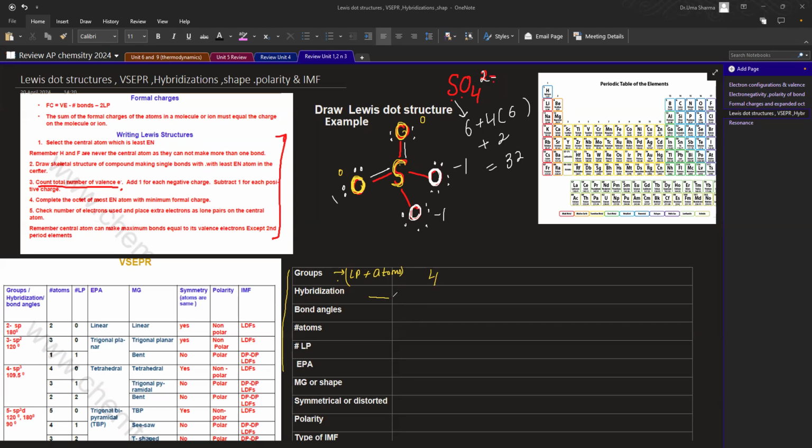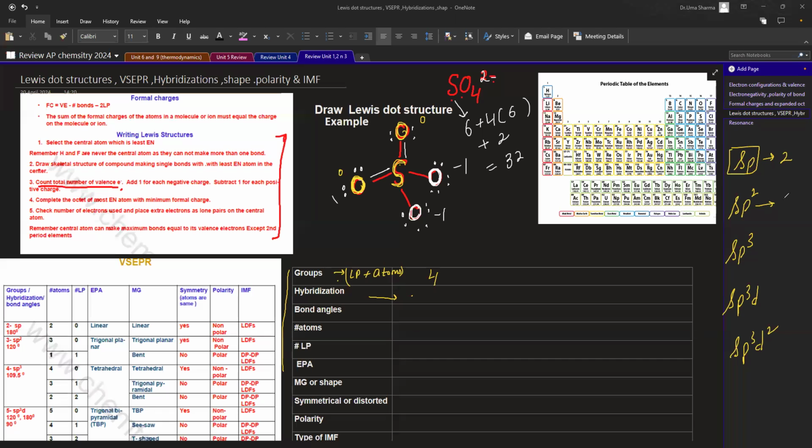If there are 4 groups, what's the hybridization? Remember, hybridizations are sp, sp2, sp3, sp3d, and sp3d2.